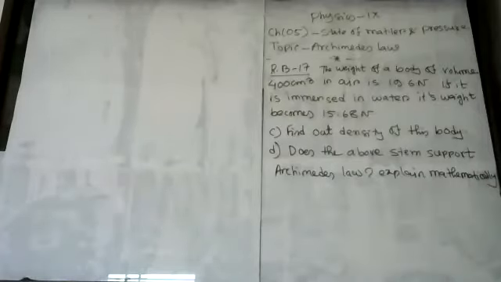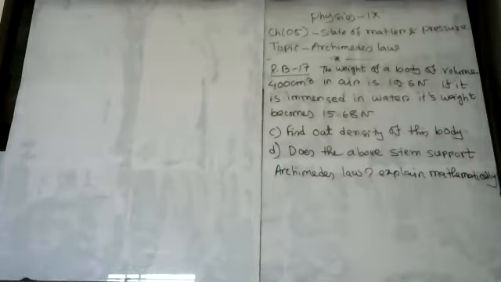Okay, Ahnaf, can you solve this question number C? Give me some idea. How can I solve this question number C, Ahnaf? Sir, rho equal to M by V. Okay, you see that the question is to find out the density of this body.